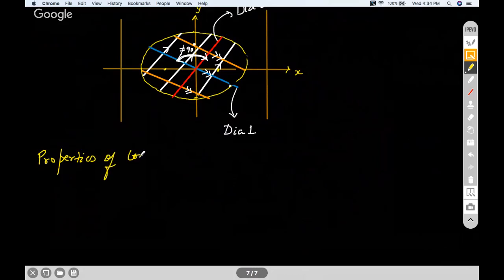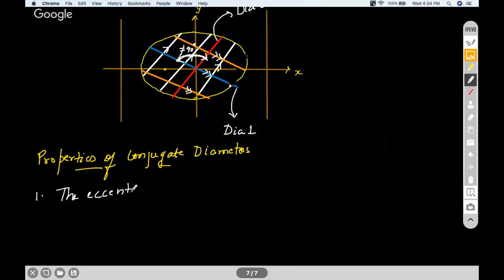Properties of conjugate diameters. The first property is the eccentric angle of the ends of a pair of conjugate diameters.